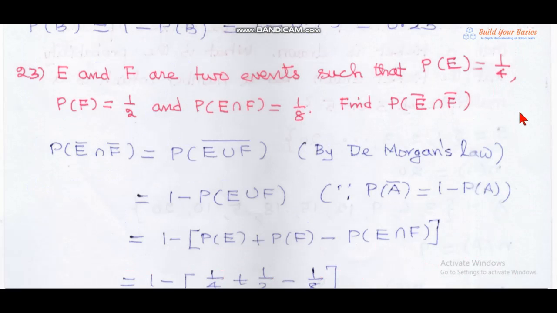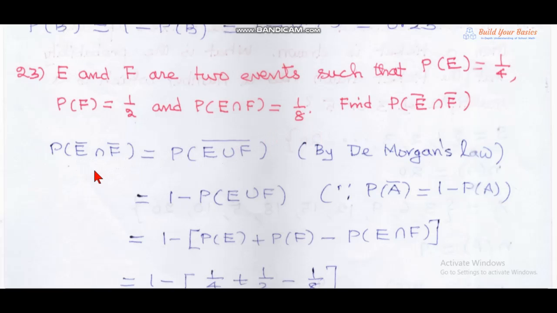Question number 23. E and F are two events such that probability of E equals 1 by 4, probability of F equals 1 by 2, and probability of E intersection F equals 1 by 8. Find probability of E bar intersection F bar. Probability of E bar intersection F bar equals probability of E union F whole bar by De Morgan's law.